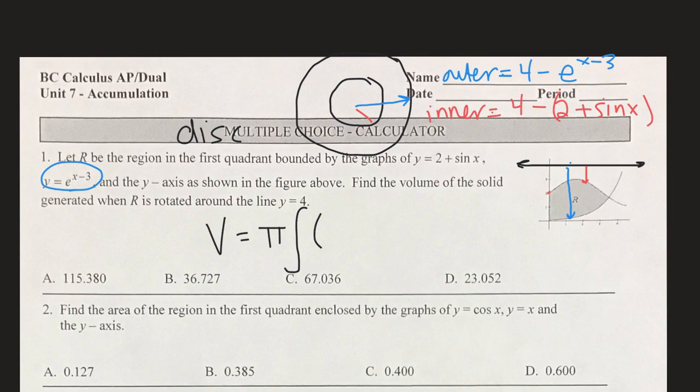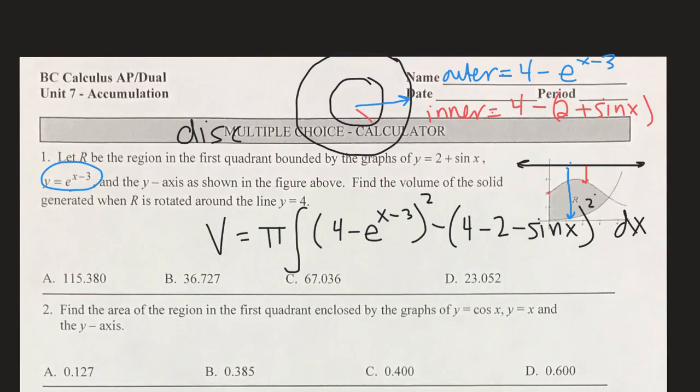Your outer radius is 4 minus e to the x minus 3 quantity squared minus 4 minus 2 minus sine x quantity squared dx. So that's your radius, right? The outer radius squared minus the inner radius squared.